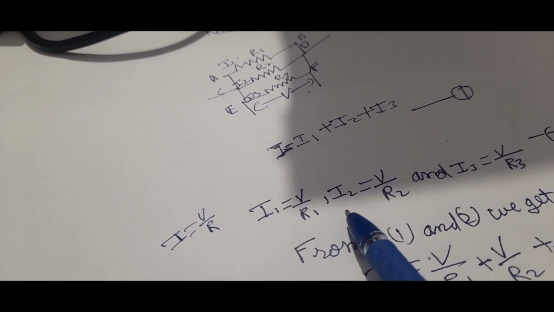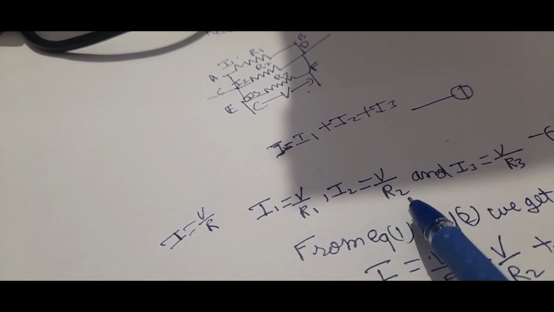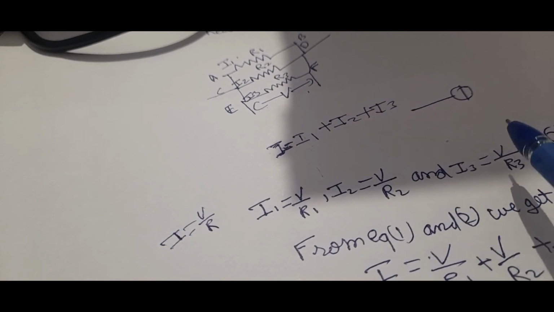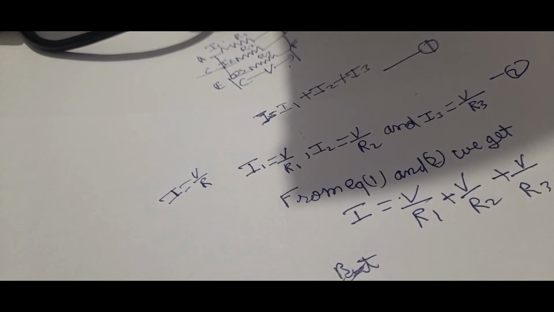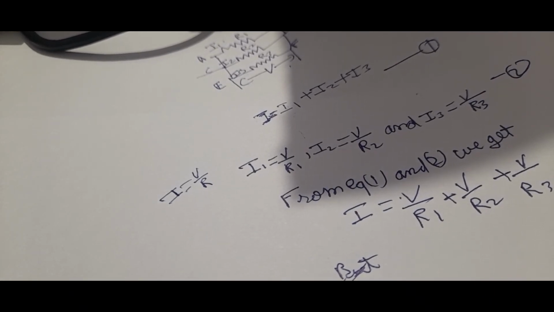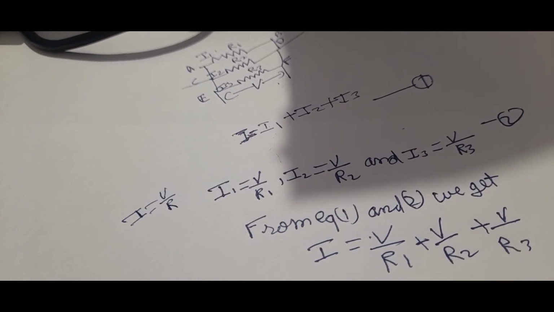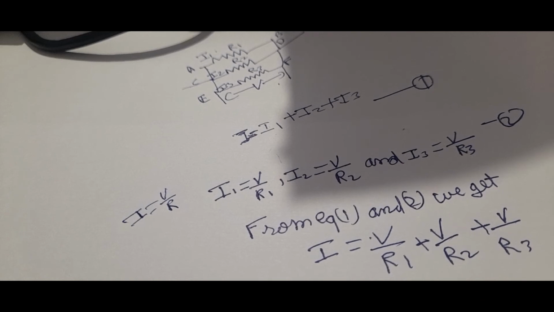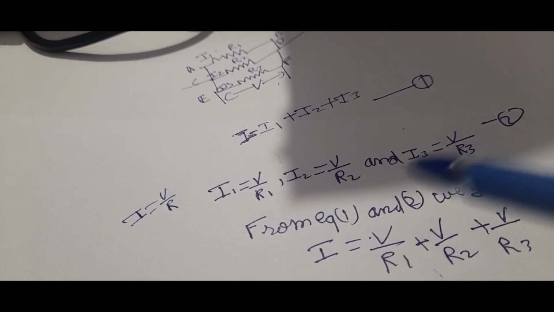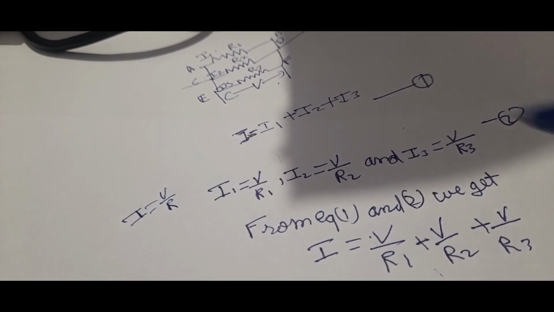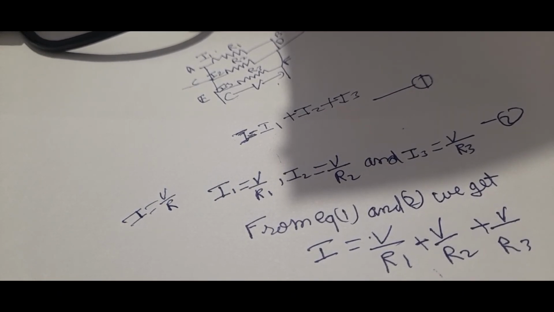For the second one we have I2 equals V upon R2, and I3 equals V upon R3. From equations 1 and 2, what do we get? We get that I is equal to V upon R1 plus V upon R2 plus V upon R3. If we combine these two equations, we get this thing over here.